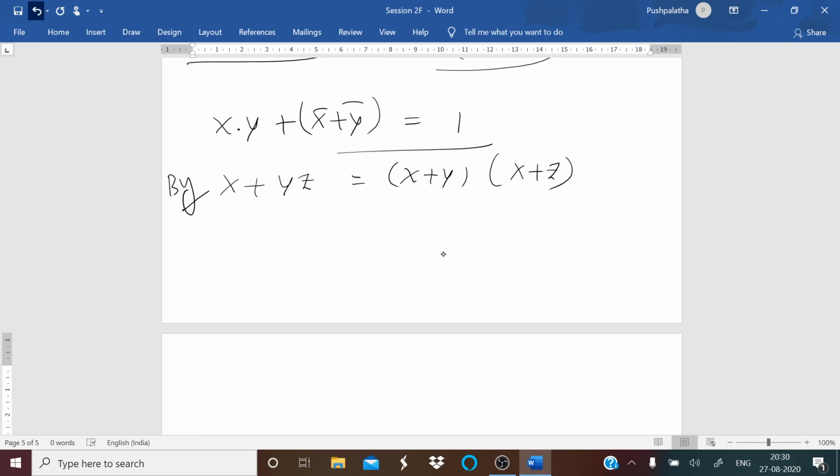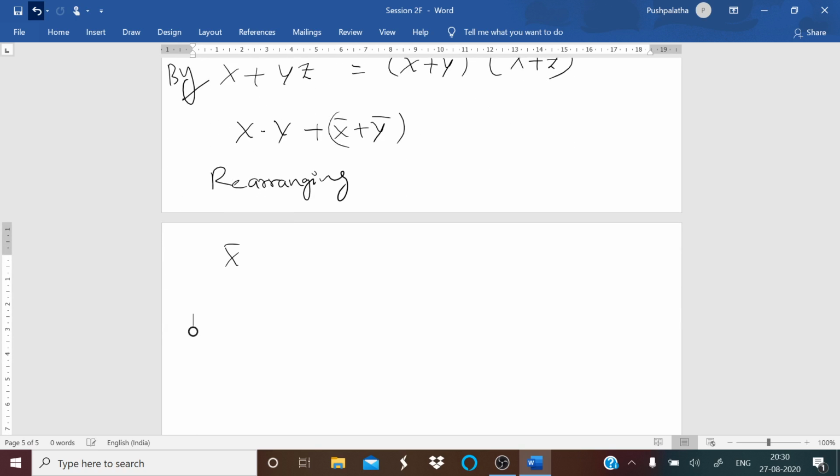So we are just going to rearrange it. You have the statement x plus y plus x bar plus y bar, right? Rearranging. We take x bar plus y bar plus x into y. This is nothing but your commutative law. Interchanging is the same.